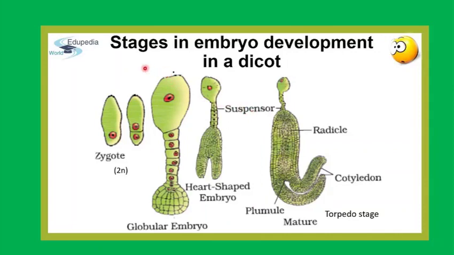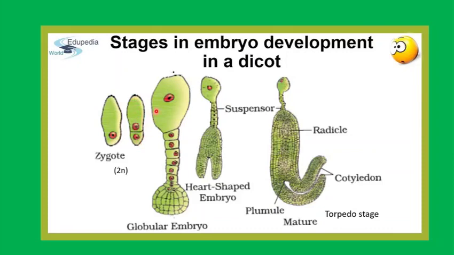Next, the second stage: we'll see how the embryo develops in a dicot plant. This is the zygote. In the first stage, the zygote, which is diploid, undergoes asymmetric mitotic division, forming a large basal cell and one apical cell.